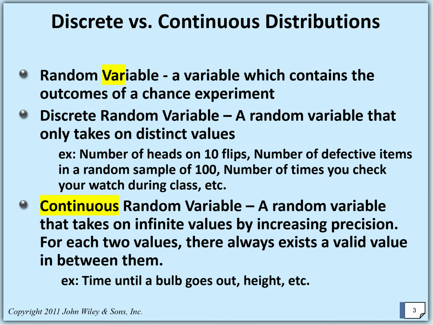Now, a random variable is a variable that can contain outcomes of an experiment. For instance, one roll of a dice, if we store it in a variable, say dice roll outcome, then if you roll one right now, the next value of that random variable can be any one of those 6 values. It is a discrete random variable. So the number of heads on 10 flips, number of defective items in a random sample of 100, number of times you check your watch during the class, and so on.